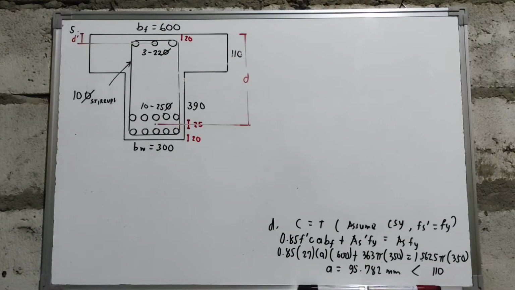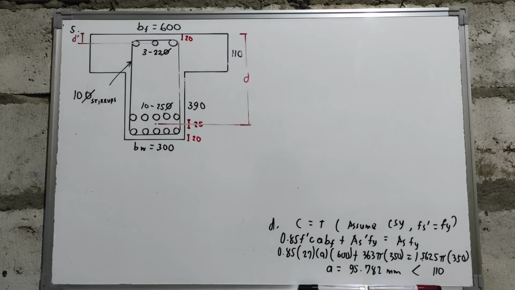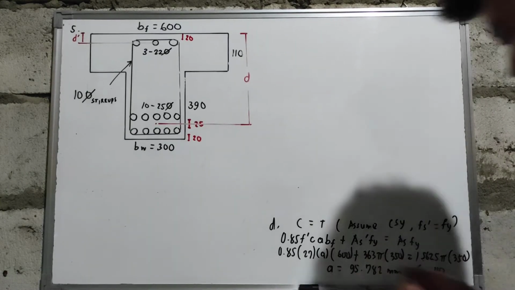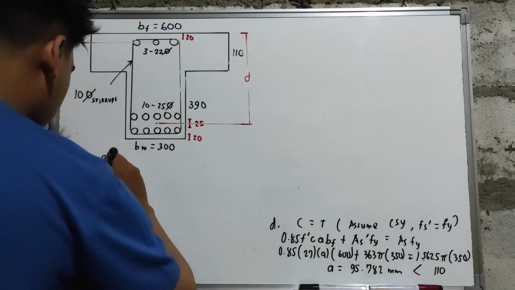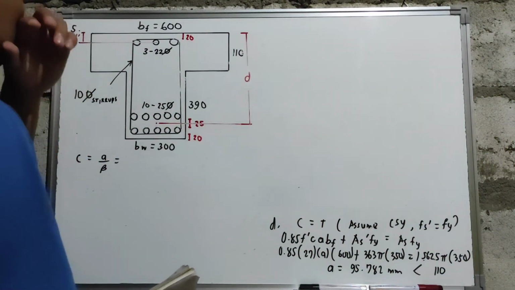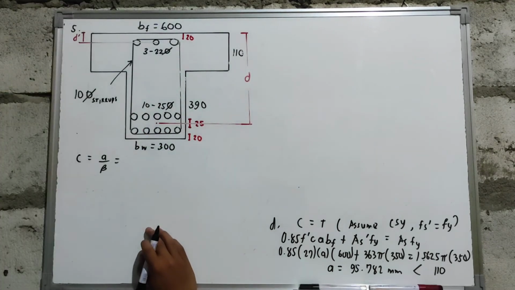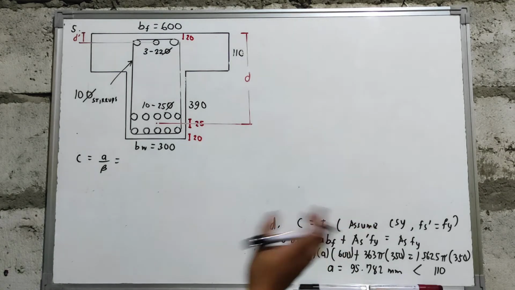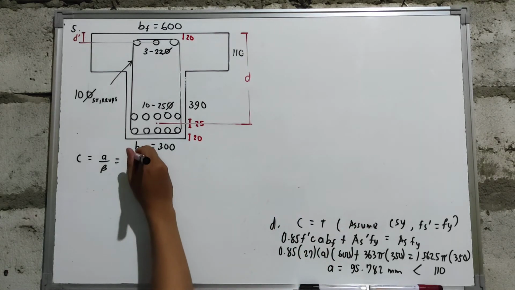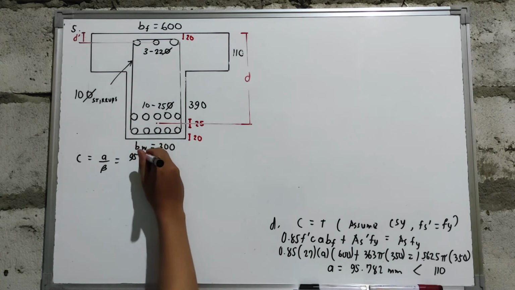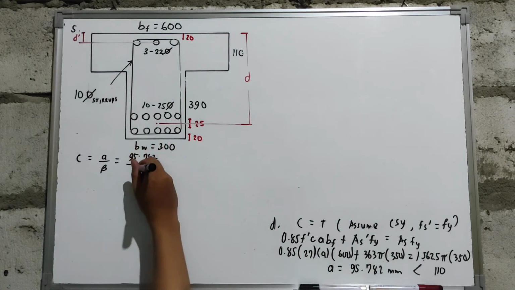In computing for the value of your C, that is simply C equals A over beta. Since in NSCP 2015 your limiting value is 28 megapascal, and our actual f'c is only 27 megapascal, we will just use 0.85 for the value of your beta.